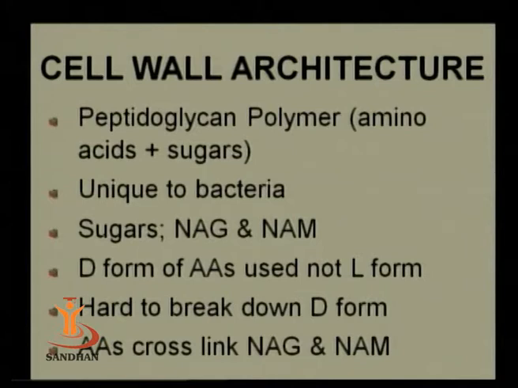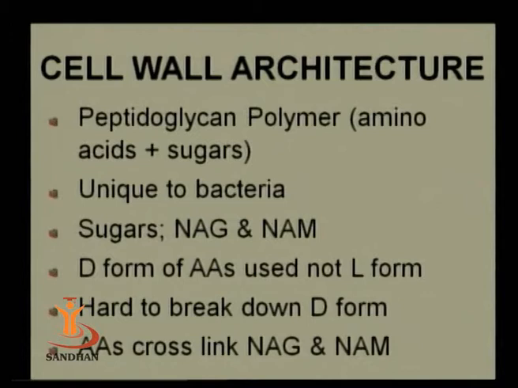It's a polymer made up of amino sugars and sugars. It is unique to bacteria. This peptidoglycan is not found in the cell wall of any other living system. It has sugars like N-acetyl glucosamine and N-acetyl muramic acid.